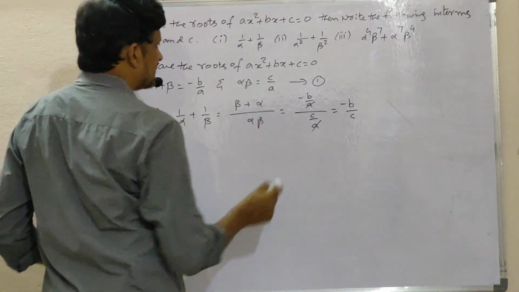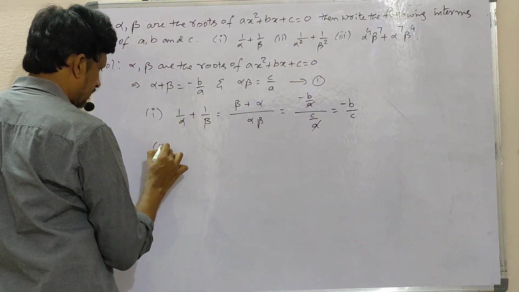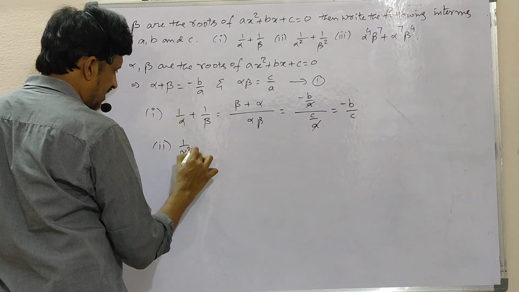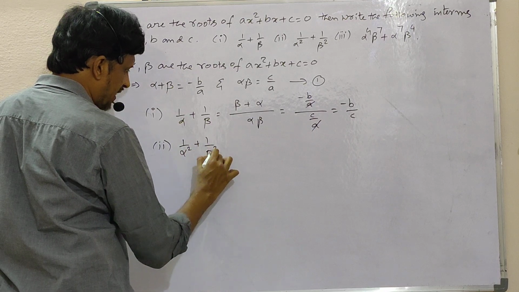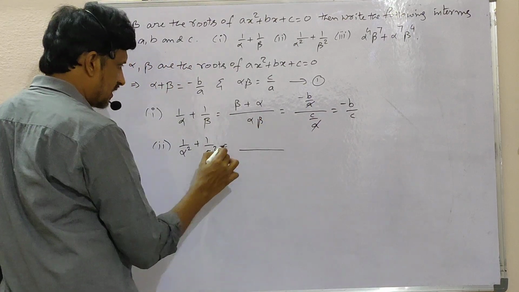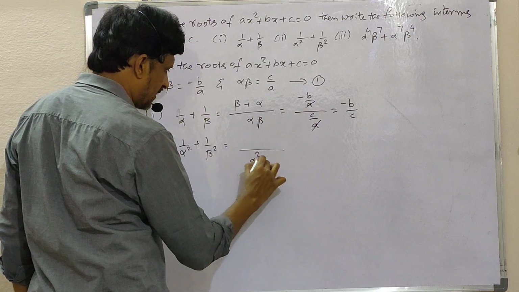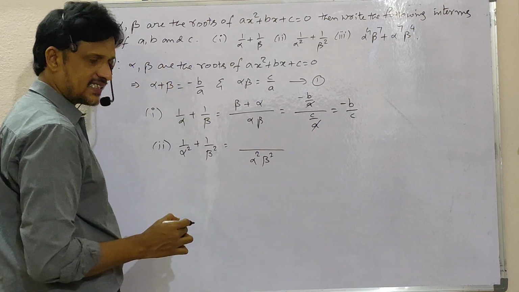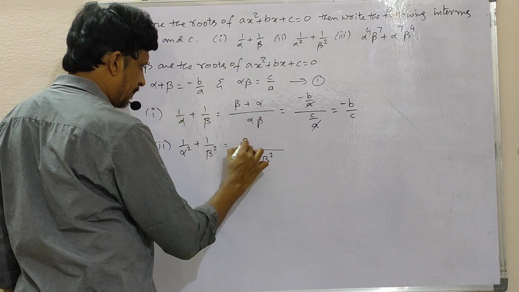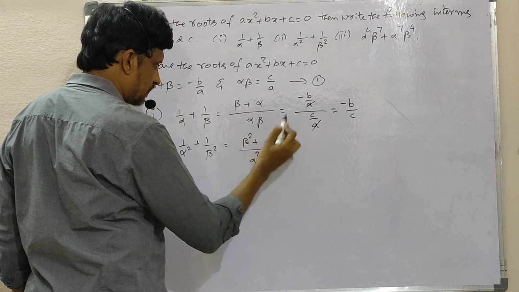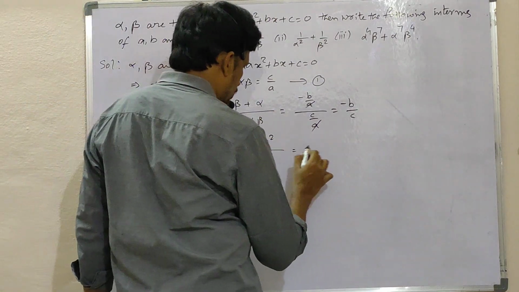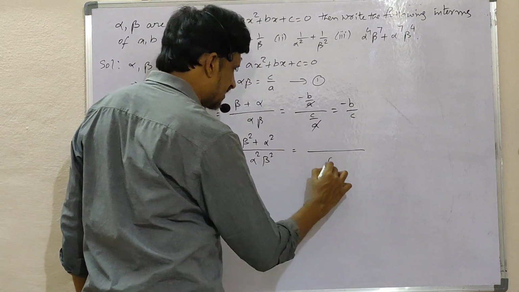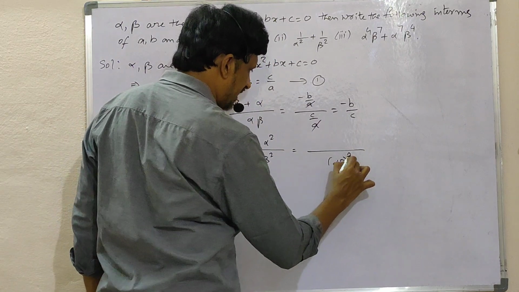Now the second one, that is 1 by alpha square plus 1 by beta square. Similar to the last one, the product alpha square beta square is the LCM. The numerator will be beta square plus alpha square. There is no problem with the denominator, because alpha square beta square means you can write alpha beta whole square.